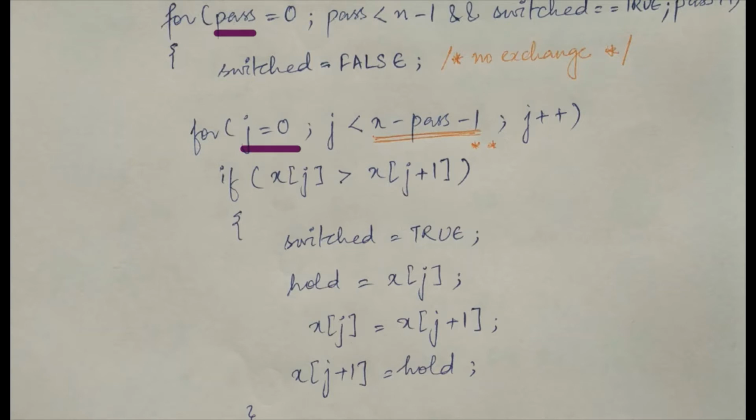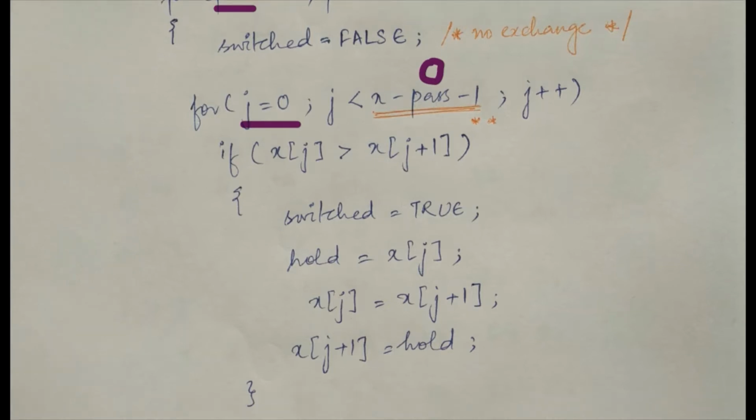But why have I put 0 to n minus pass minus 1? That is because I am using the improved version of bubble sort. In the first pass, when pass is 0, j goes from 0 to n minus 1. But when pass is 1, j will go from 0 to n minus 2. Why? Because I know that the last element is already at its proper location.